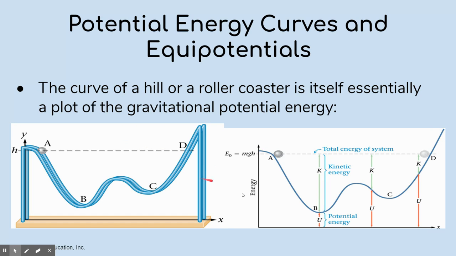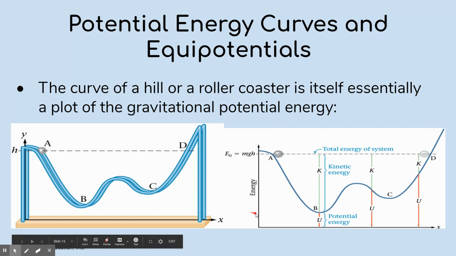And so this track's shape will actually tell us the mechanical energy, because through this we can find U, the potential energy, which is just the curve's height, plus K, the kinetic energy, which is the distance from the curve to the total height of the track. The book has labeled it over here for you.